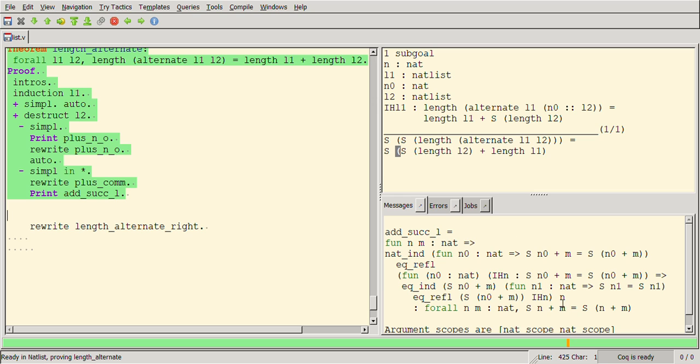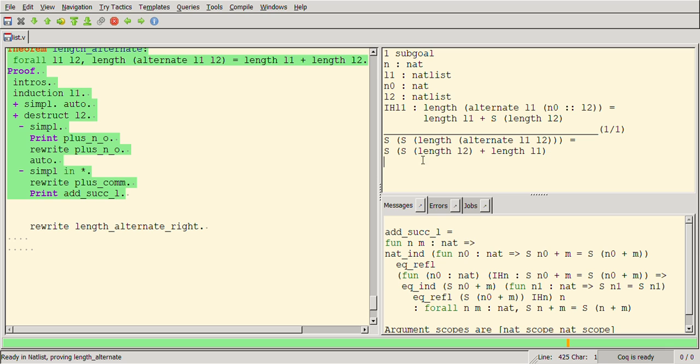So it's like here, successor of n plus m is equal to successor of n plus m. Here we have successor of this, where successor is outside the parenthesis, and here we have successor of this, where n is the length of L2, plus then we have m here.